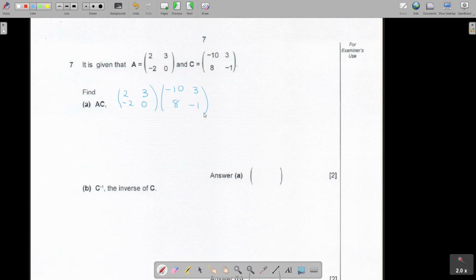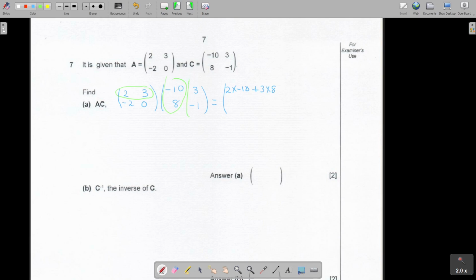Okay, and we're going to start. Now, remember, it's this one. Okay, we can maybe take just a color there at least. This one with this one. So it's going to be 2 times -10 plus 3 times 8. Okay, so that's for the first.